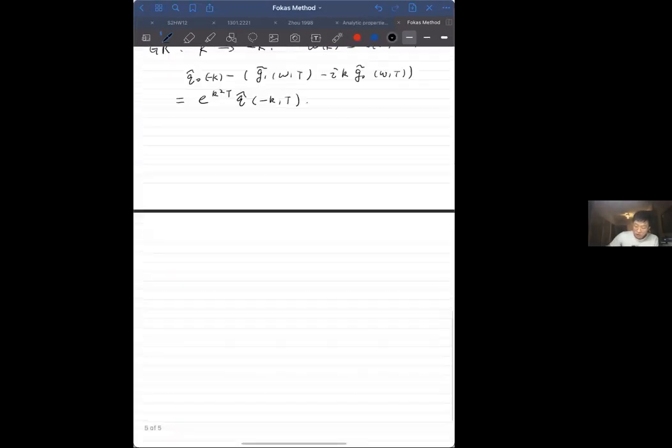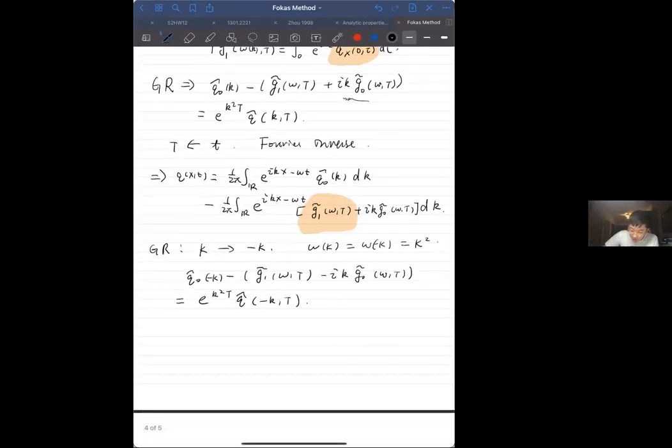By this relation, you can replace g1 by the data of this and this and this.